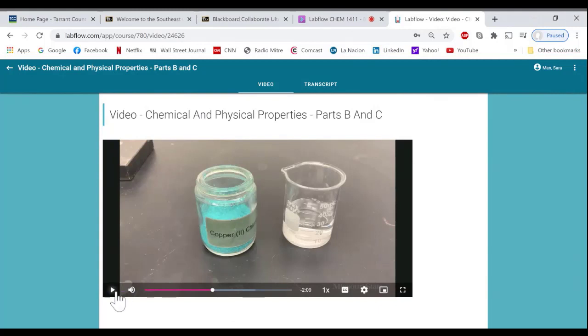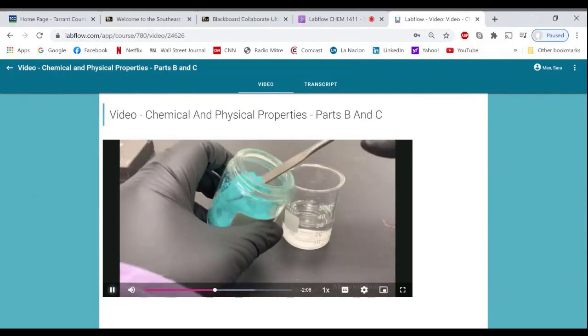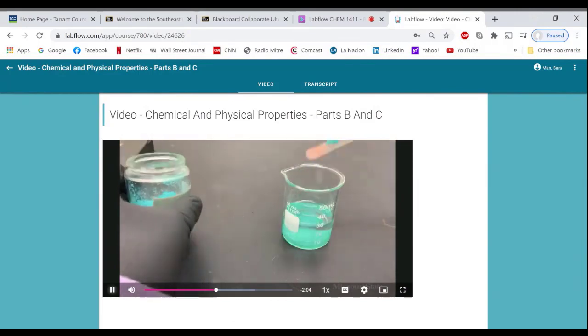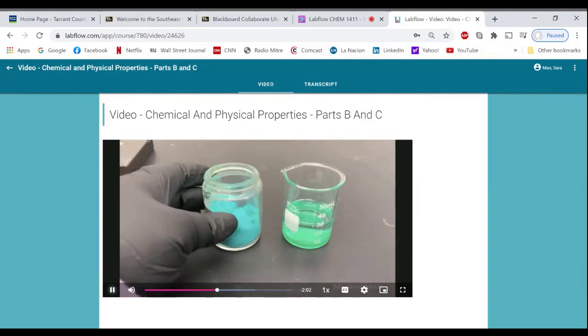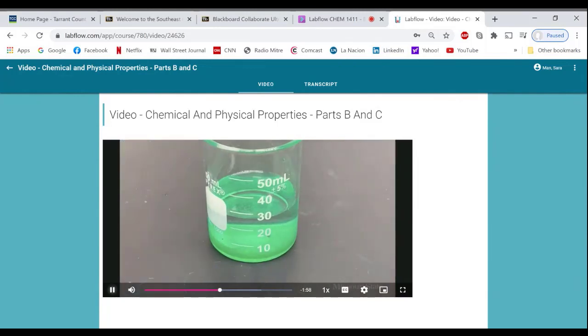So look at the color of copper chloride. You can watch it so many times. I'm just guiding you to see how to observe. So they are showing you how the copper chloride looks when it's added to water.